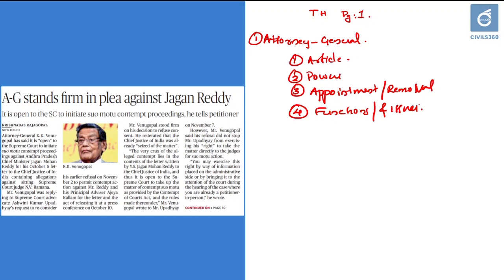It is very critical for your prelims examination that whenever you are reading a newspaper, you connect it with the prelims syllabus. This is from The Hindu page 1.